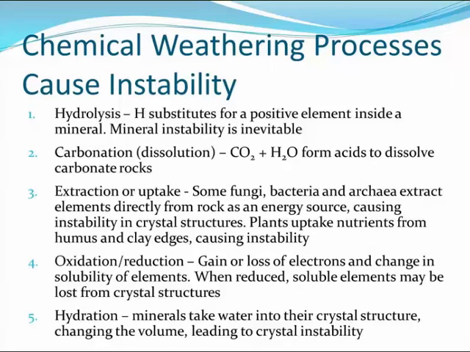All right, secondly, we have carbonation, and that's dissolution, basically things that dissolve. But in this case, we're dissolving carbonate. And what types of rocks are formed from carbonates? Well, mainly that's limestone and dolomite.